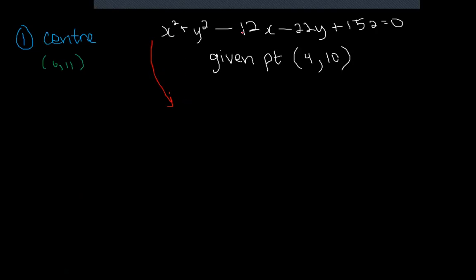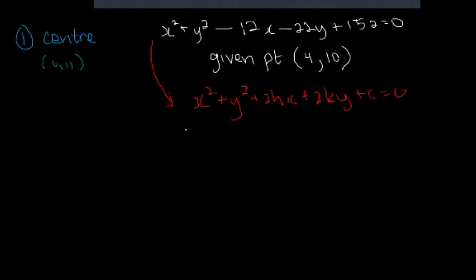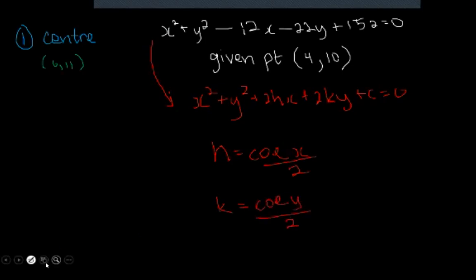First, you need to notice that this is the general form: x squared plus y squared plus 2hx plus 2ky plus c is equal to 0. When given the general form, to find h and k, h is the coefficient of x divided by 2, and k is the coefficient of y divided by 2.